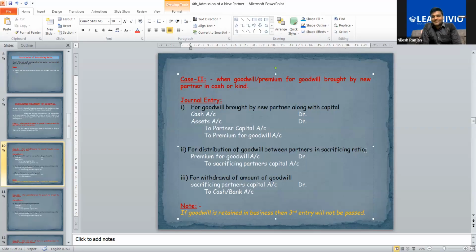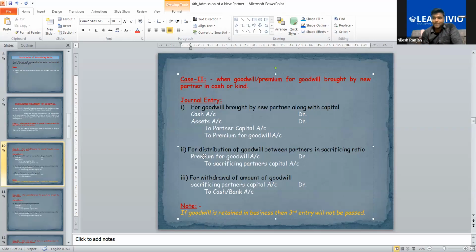Do you remember now? Okay. So it is gaining partners' capital account debit to sacrificing partners' capital account. But here, we are not writing gaining partners' capital account. Why? Because the one gaining partner here is the new one.